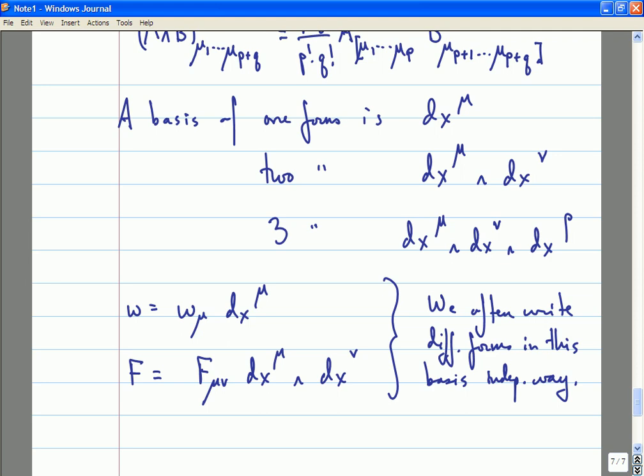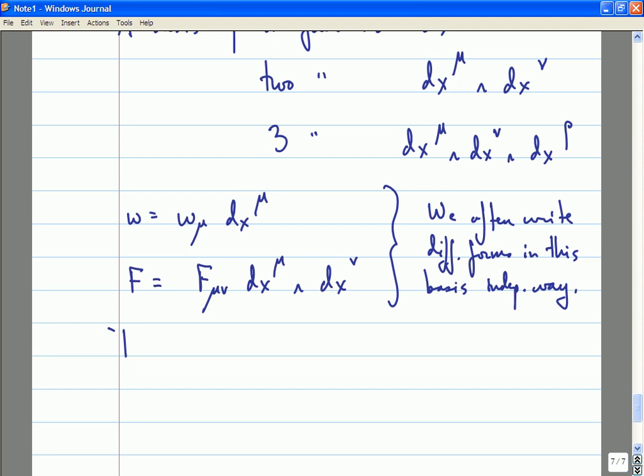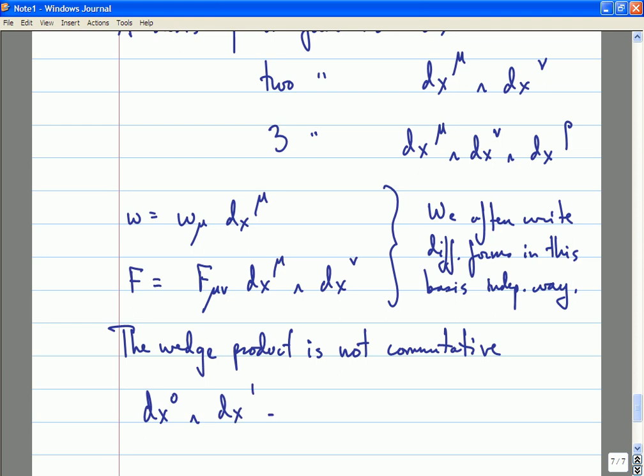So there are probably a few comments to make regarding this wedge product. The wedge product does not obey the law of commutativity. The wedge product is not commutative. So if you have the differential form dx0, for example, and you wedge it with dx1, then that is equal to minus dx1 wedge dx0.